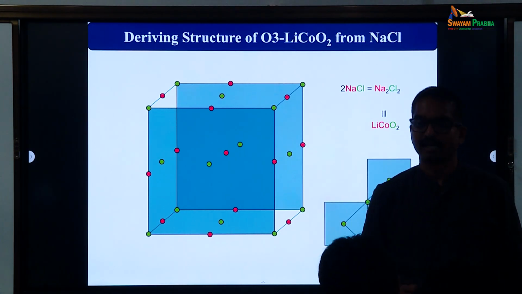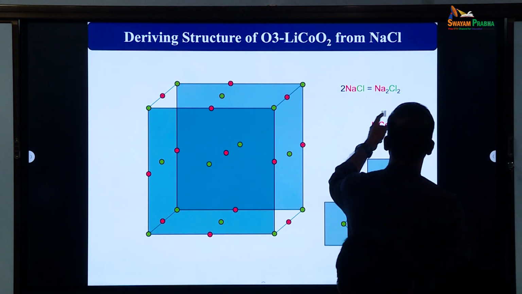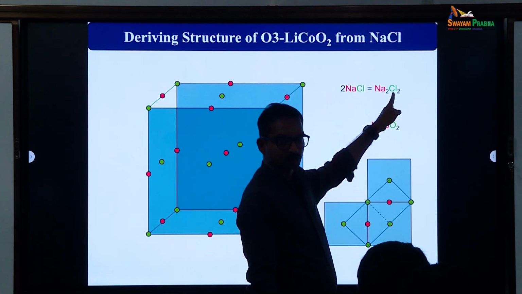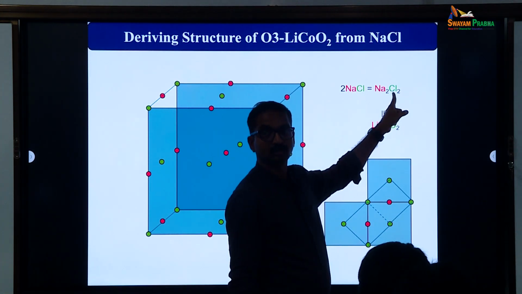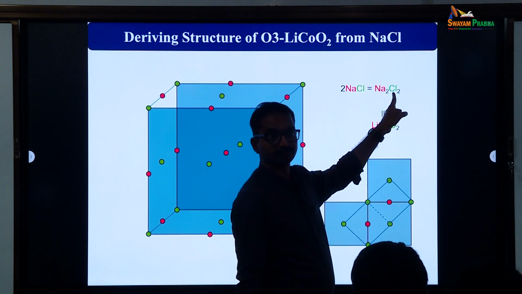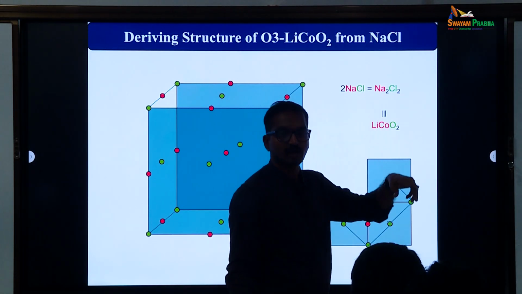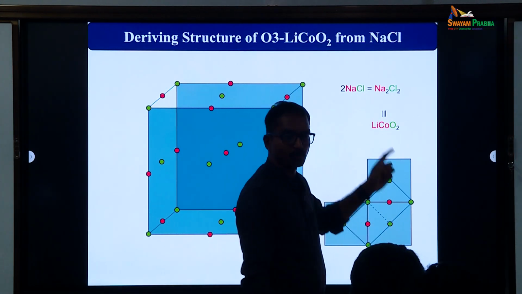Then this compound must have the same framework as sodium chloride. Only thing is, who is making the framework? The anion generally makes the framework because it's bigger. So chloride was making the framework for sodium chloride. Here oxide makes the framework. So the framework is the same in both. Only the cation is changing.